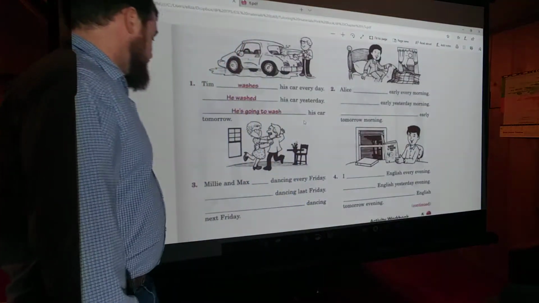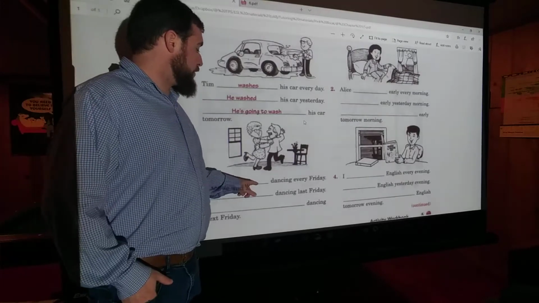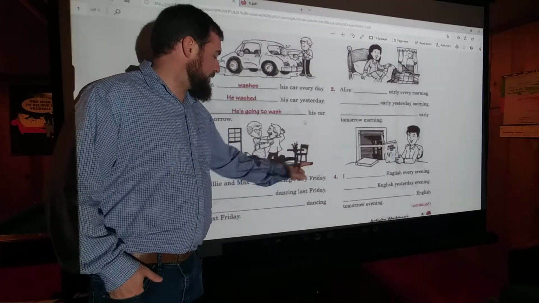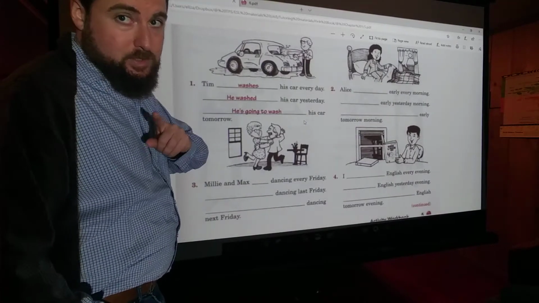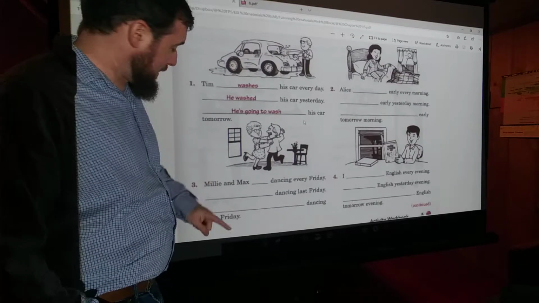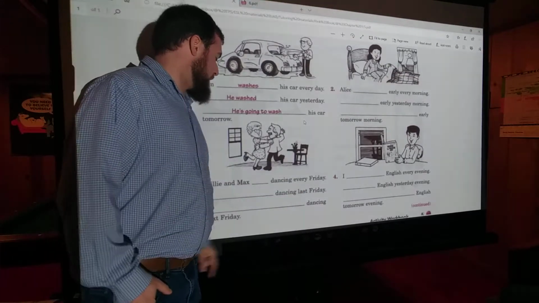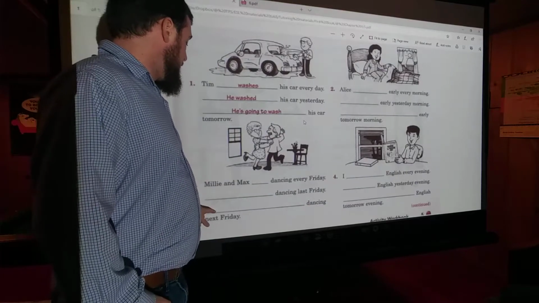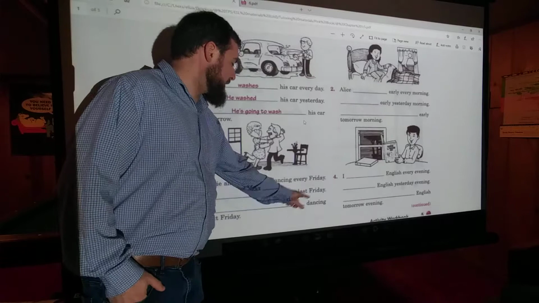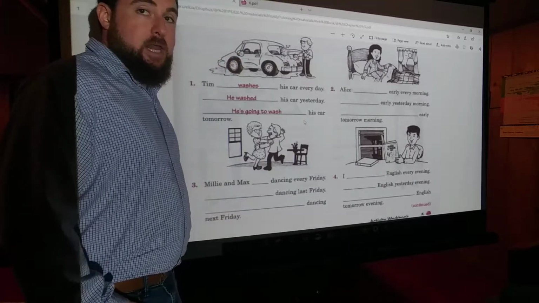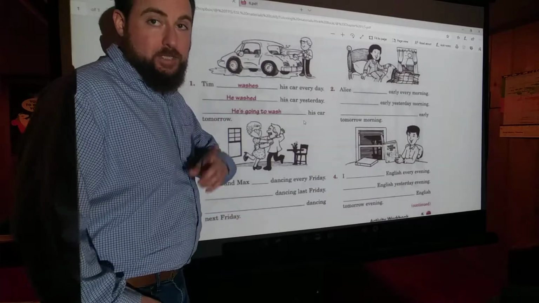Okay, next. Millie and Max go dancing every Friday. They, capital T, did you remember your capital T? They went dancing last Friday. They are going to go dancing next Friday. And if you wrote they're going to go, that's okay.